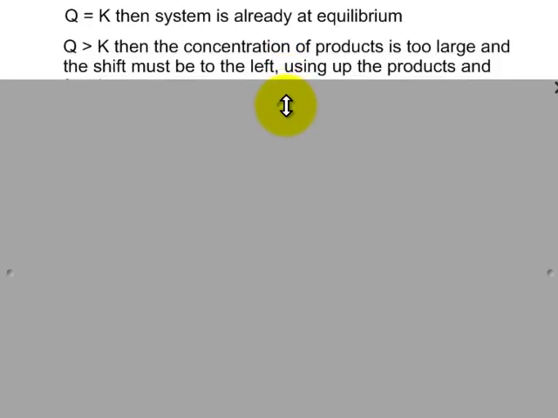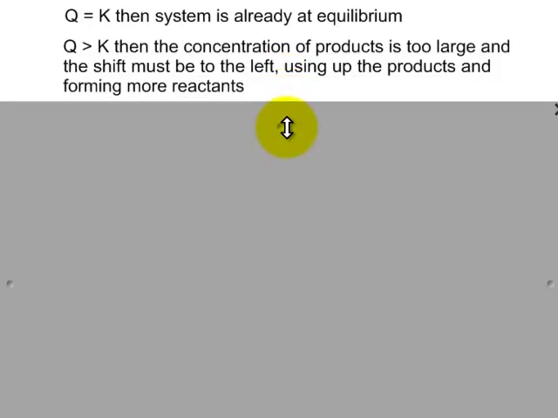Okay? Let's draw some conclusions. If Q equals K, the system is already at equilibrium, and no further shifting will happen. If Q is greater than K, then, as we've said, the concentration of products must be too large, and the shift has to be to the left.